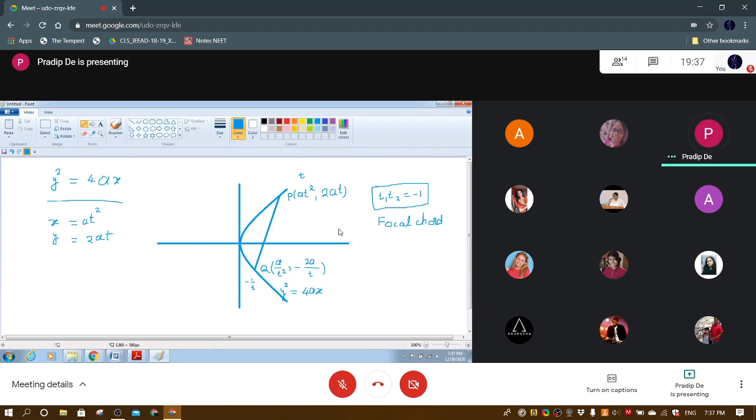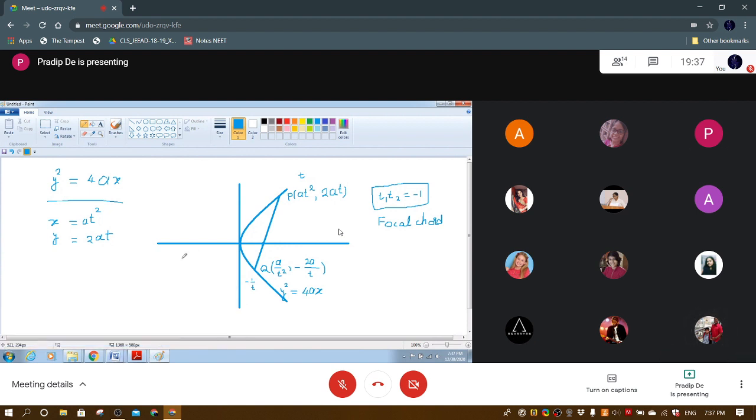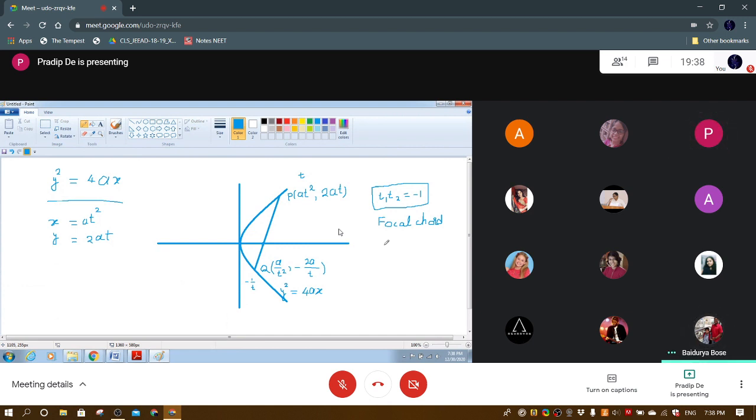Okay now? Yes, sir. How did we get a by t square? Okay, if the point is t, if t1 is t and t1 t2 equal to minus 1, what should be t2? Minus 1 by t1, that is minus 1 by t.